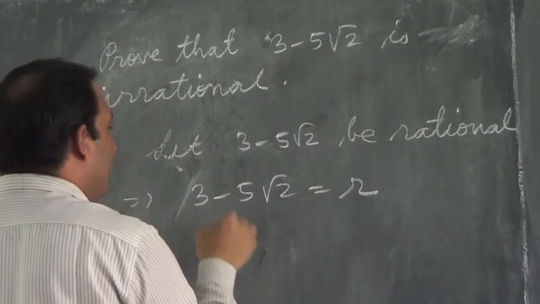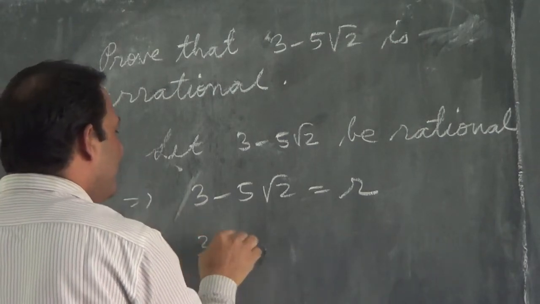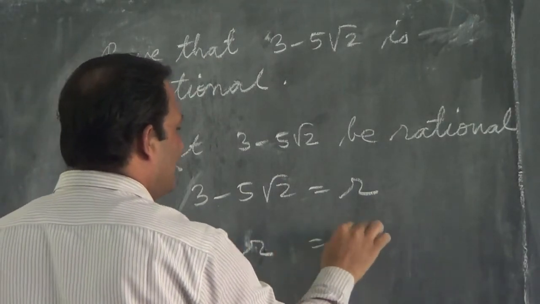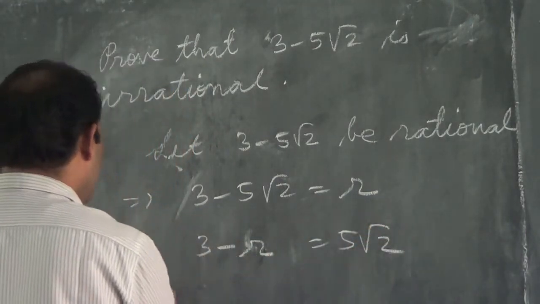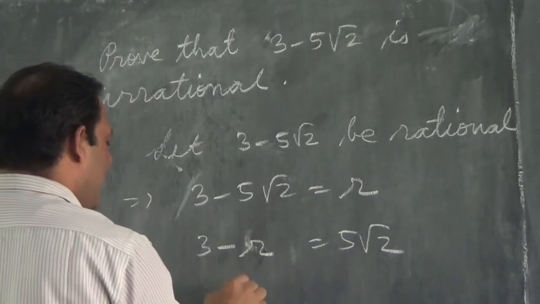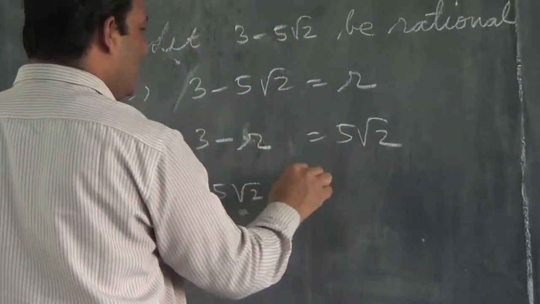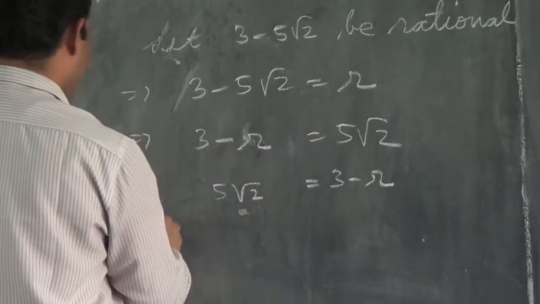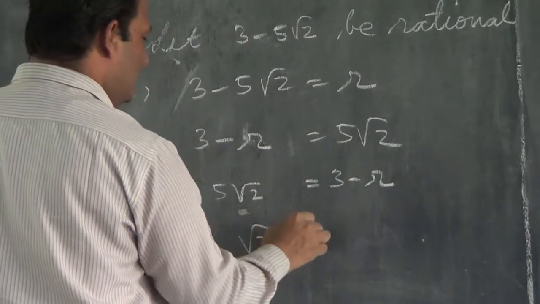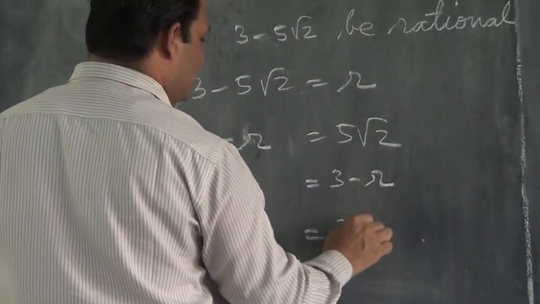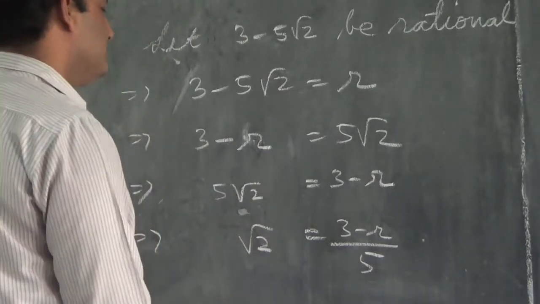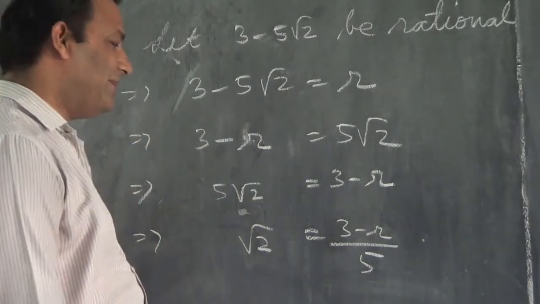That implies 3 minus r equals 5 root 2. That implies 5 root 2 equals 3 minus r. That implies root 2 equals (3 minus r) by 5.